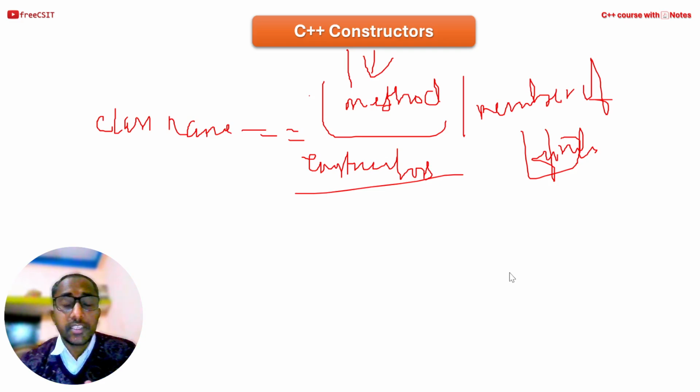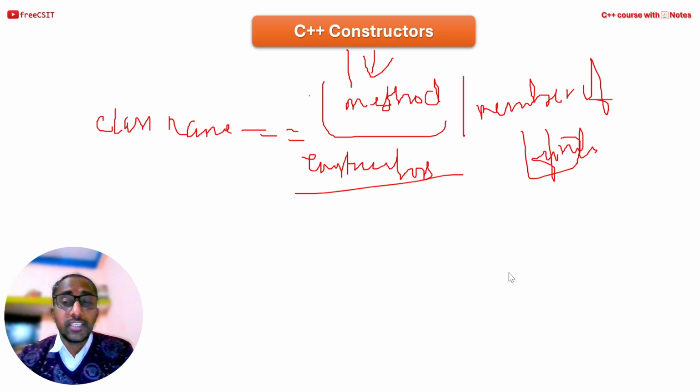In the C++ programming language, it is a special member function of a class that is executed when an object of the class is created, and you can remember it like this.